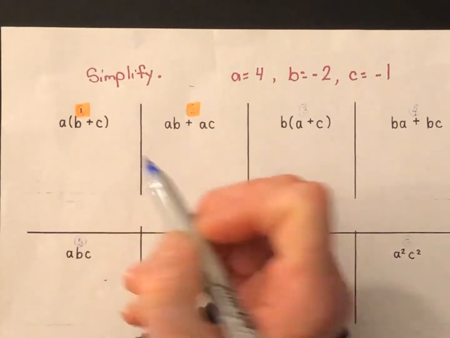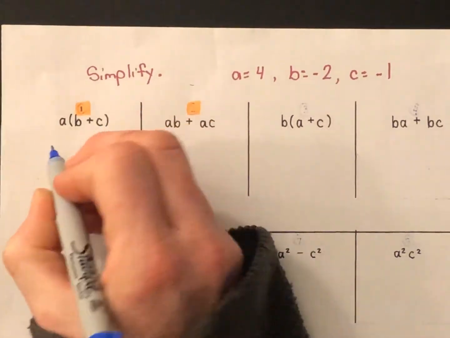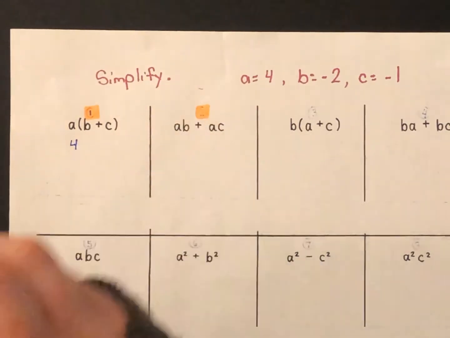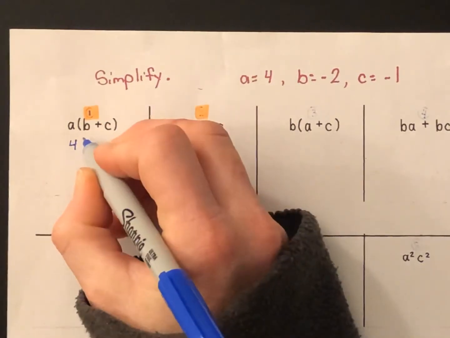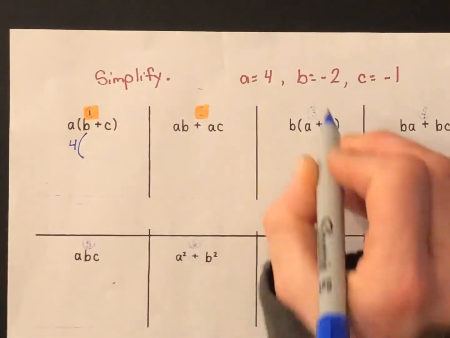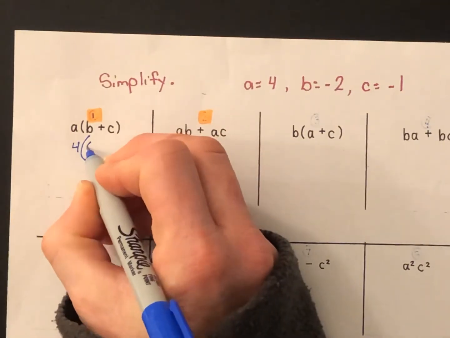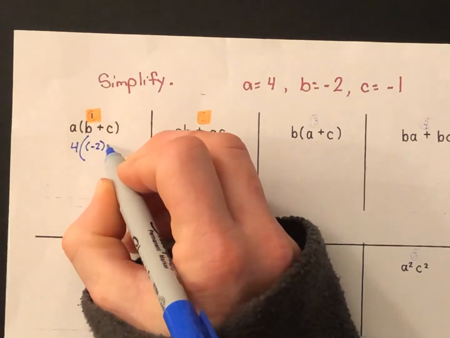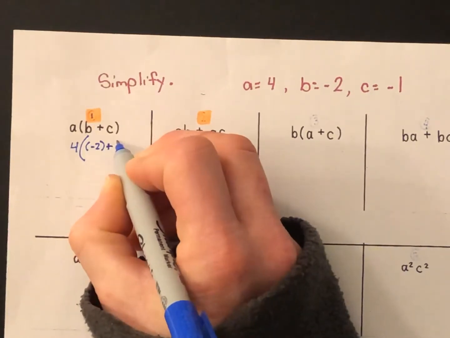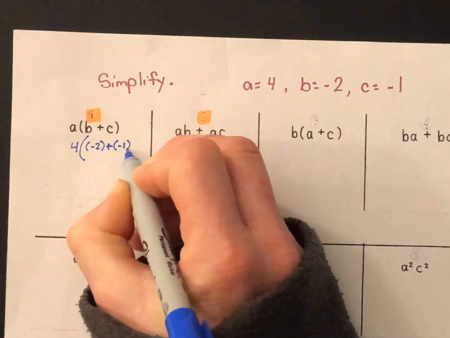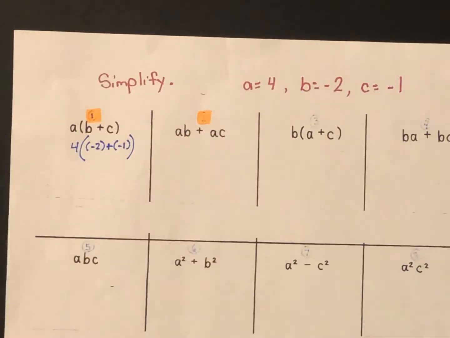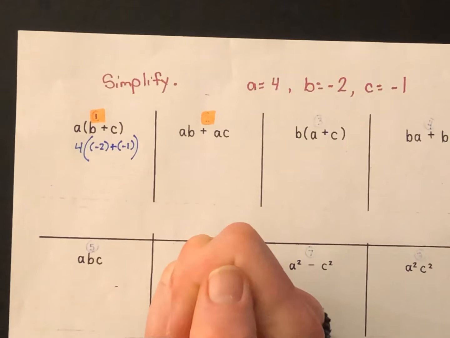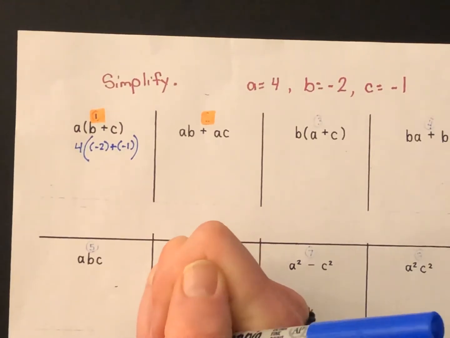A times B plus C. I will substitute 4 for A. Oh, we've got the double parentheses again. I'm going to make a big parentheses. B is -2 plus C is -1. There. I made them a little bit exaggerated, but I wanted to make sure you could see that they're bigger than the others.